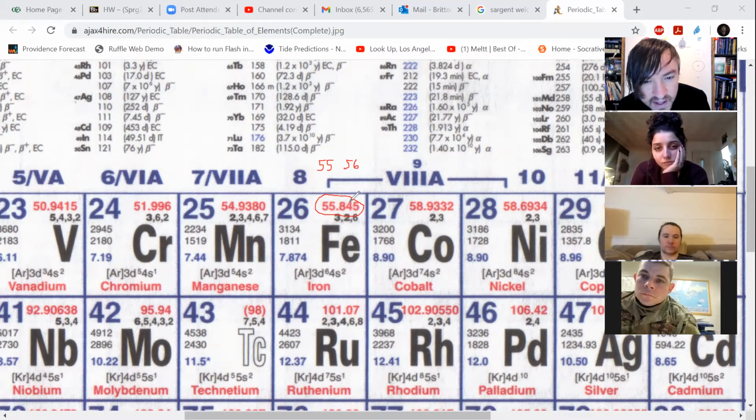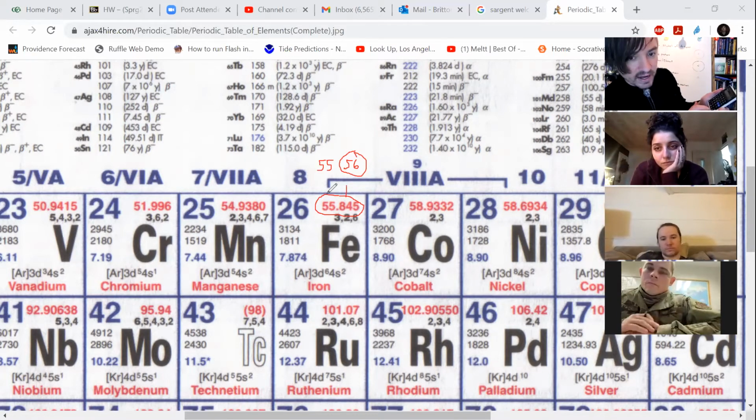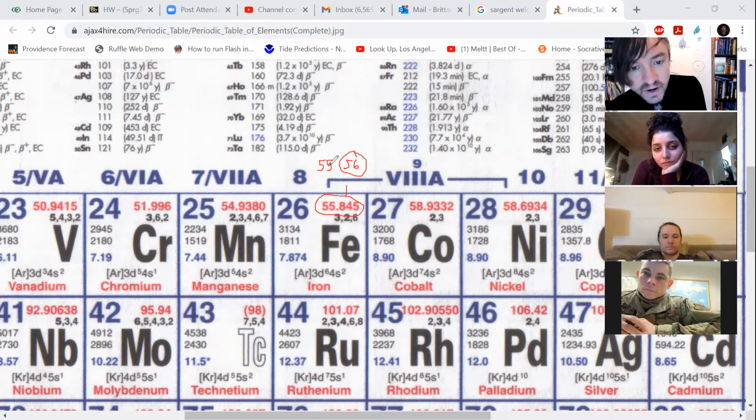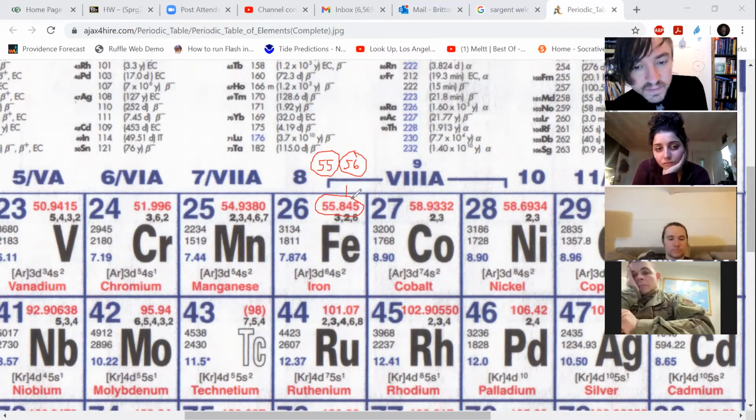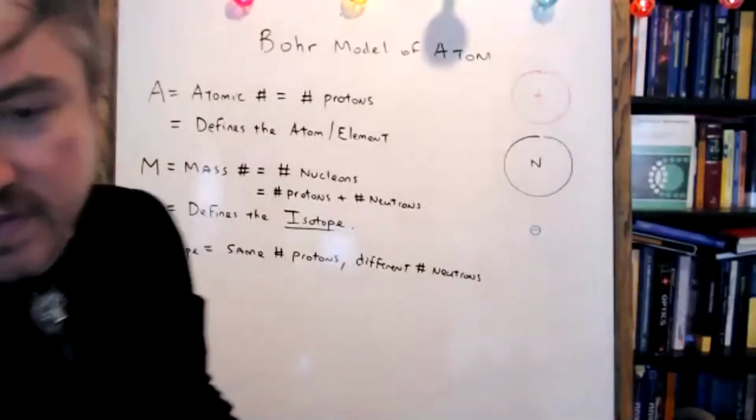And iron 56 is the more common isotope because the average is closer to iron 56. So iron 56 would have how many neutrons? 56 minus 26 is 30. So your standard iron atom has 30 neutrons, but there are isotopes with 29 neutrons in it. And so here you can find the mass number. And it defines our isotopes. Isotopes are important. I'll give you some examples in a second.